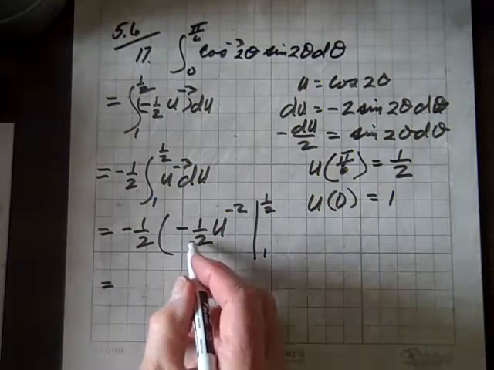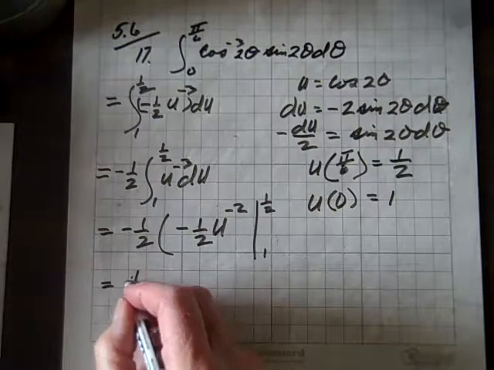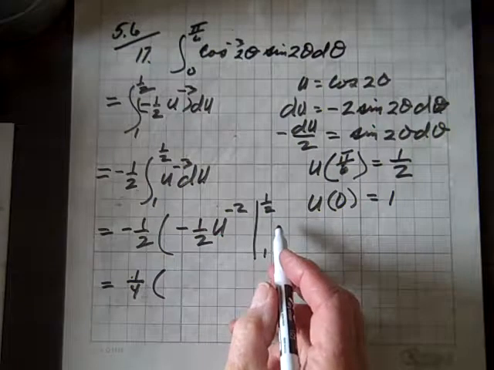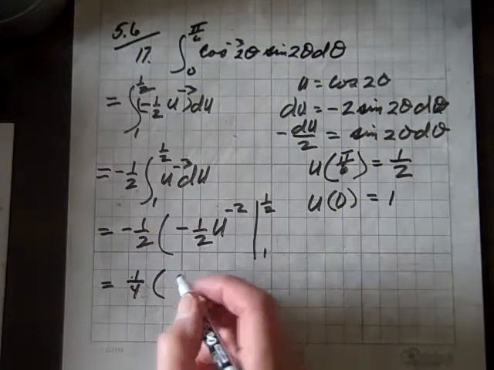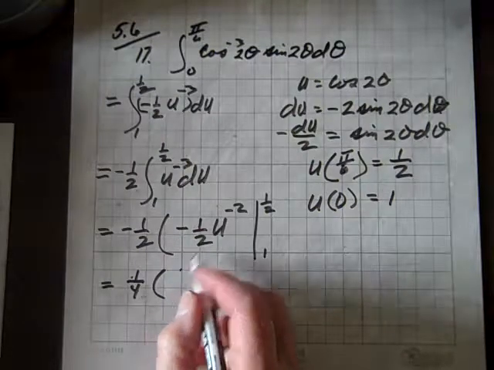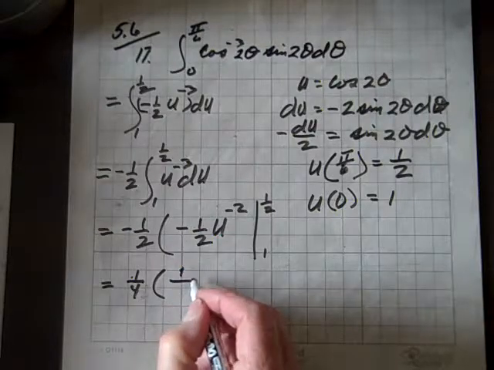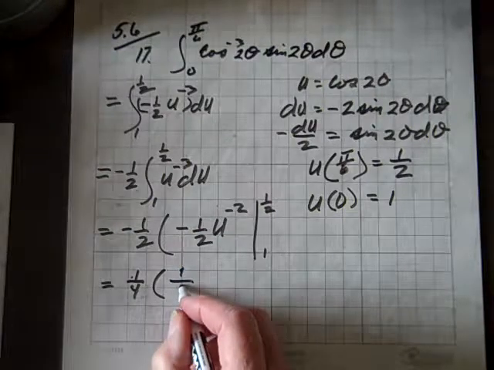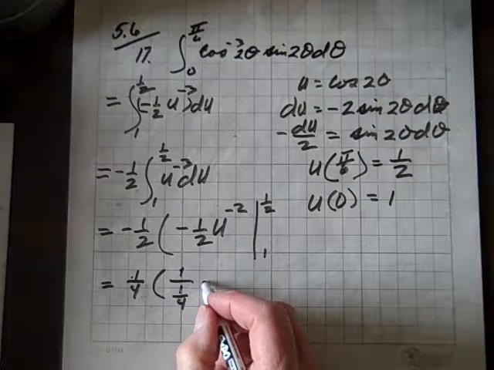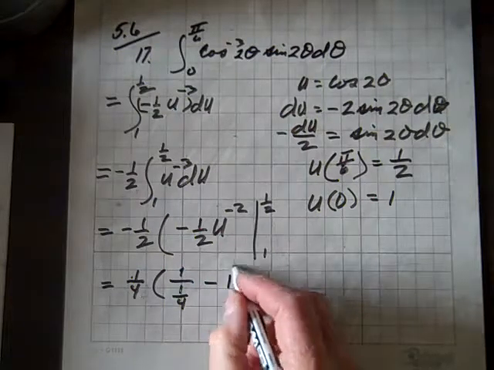Now, I'm going to bring these two out, and we get positive 1/4, and u to the negative 2. Replacing that with 1/2, we're going to get 1 over 1/2 squared is 4, and minus, replacing u with 1, we just get 1.